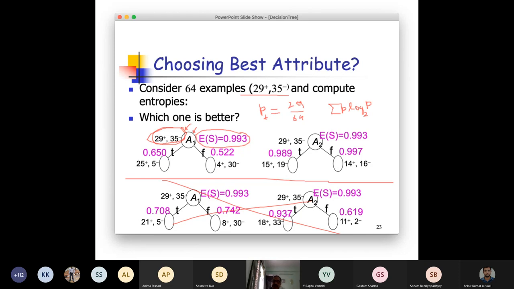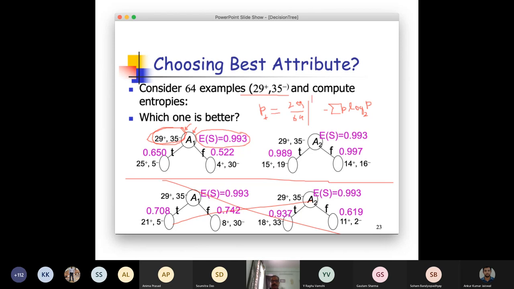Of course, you have to take minus. It is not log 2 p. It is log 2 of 1 by p, which means minus of log 2 p. That is the measure of entropy. So this is your entropy.